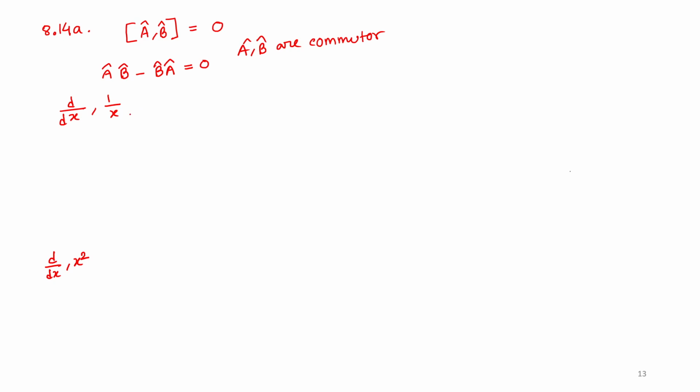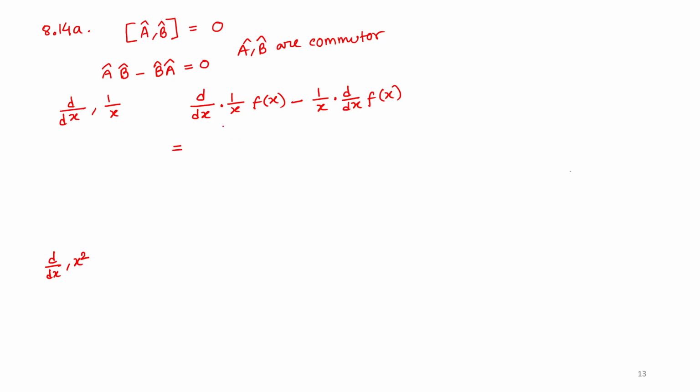So let's see, if they commute, then let's take a function f of x, they are operating on that, right? Minus now 1 by x into d by dx operating on f of x. This should be equal to 0 if they commute.